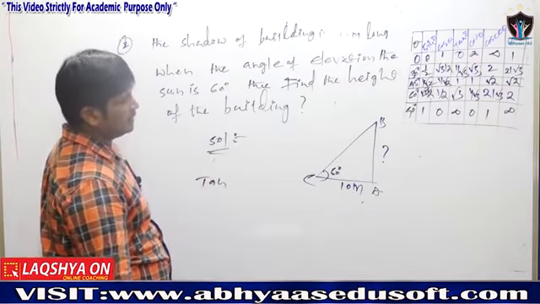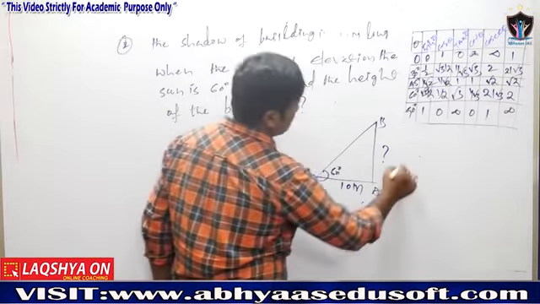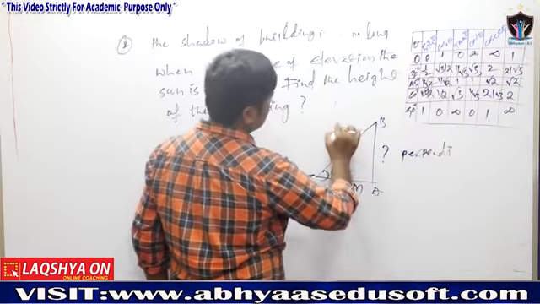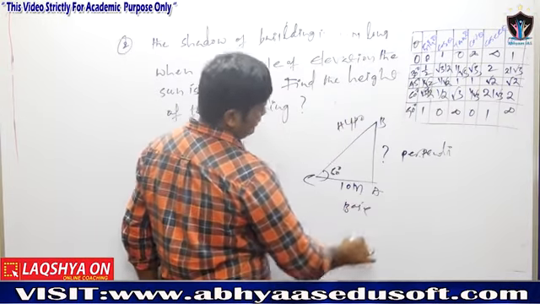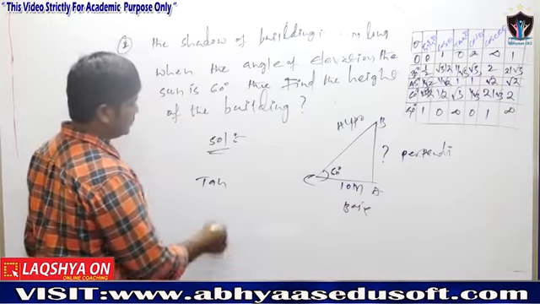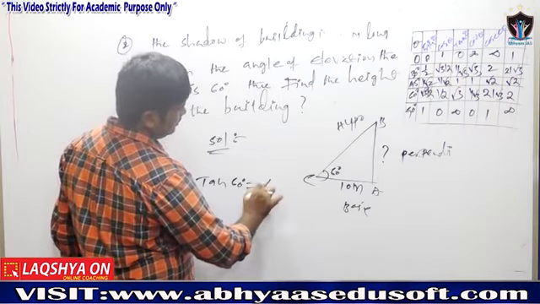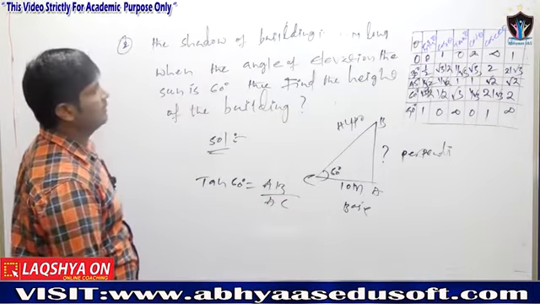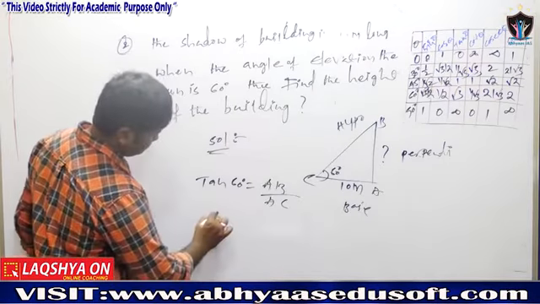Directly we can take perpendicular by base. So we know that this is called perpendicular, this is called hypotenuse, this is called base. Already we have learned. So tan 60 degrees is equal to AB by AC. Tan 60 is equal to root 3.